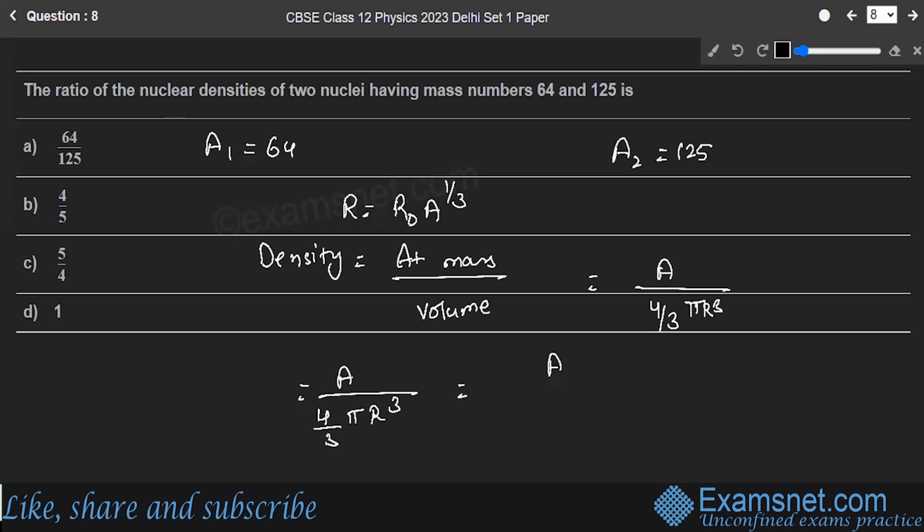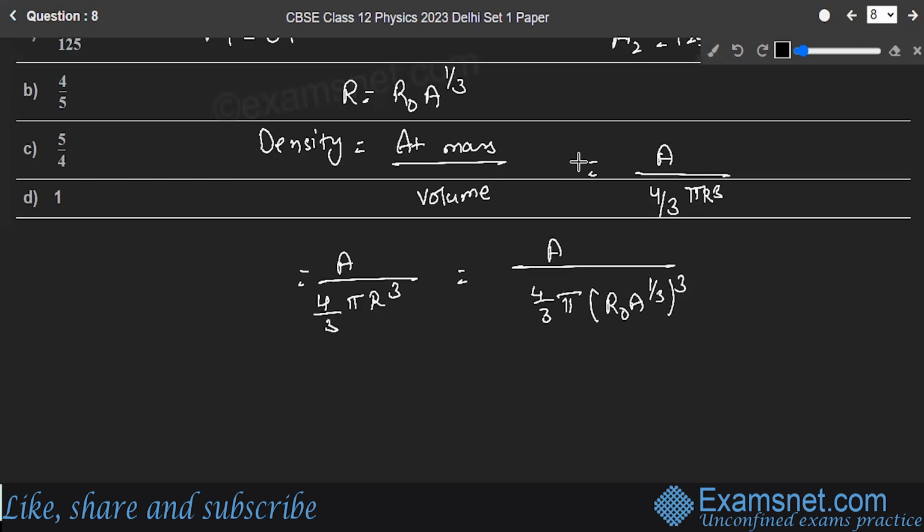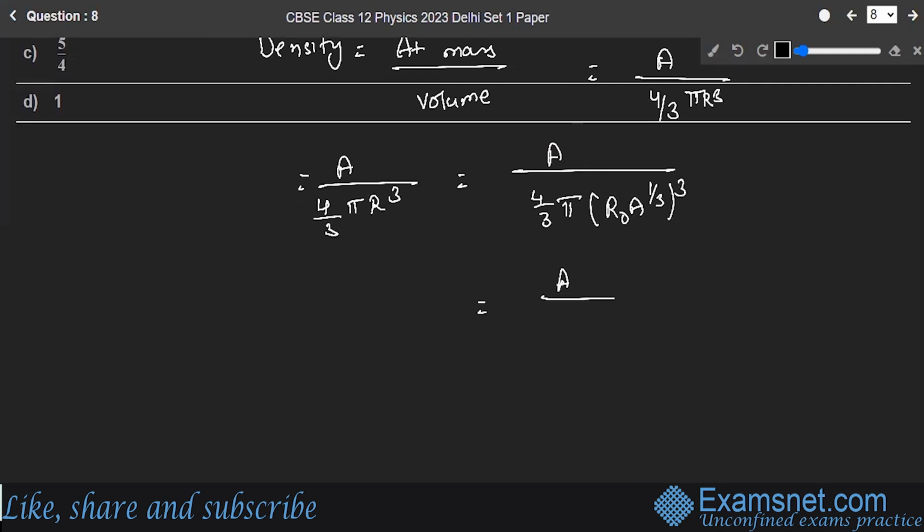This is equal to A upon 4 by 3 pi, R is given by R naught A power 1 by 3, the whole cubed. Or this is equal to A upon 4 by 3 pi R naught cube A. A and A will cancel. This is your density, right?